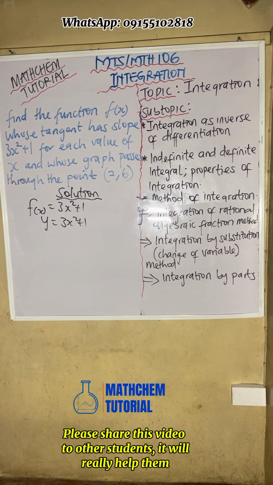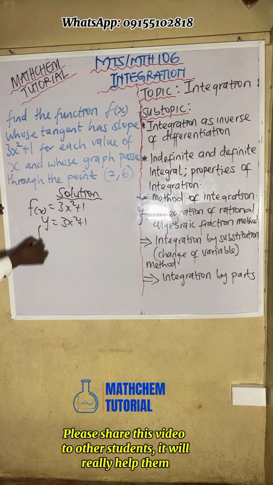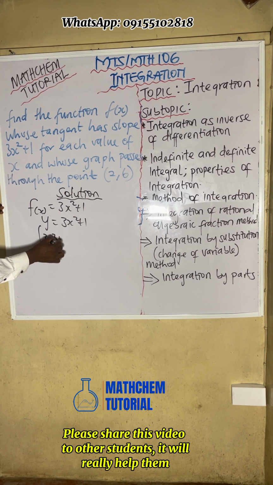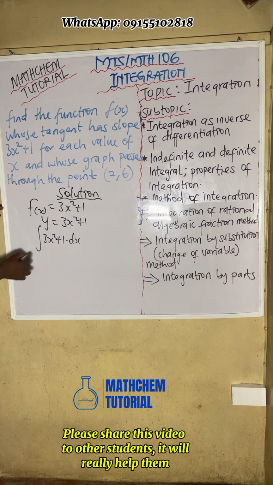Then what are we going to do? We are going to integrate this 3x squared plus 1. If you integrate 3x squared plus 1 dx, then what are you going to get?